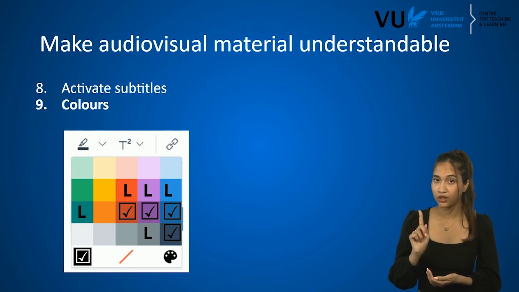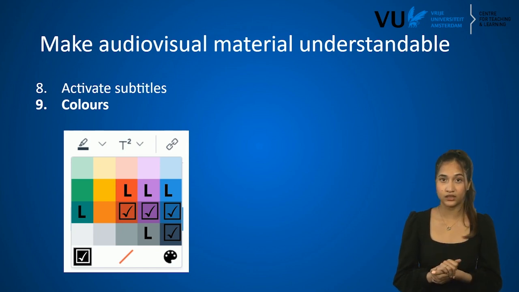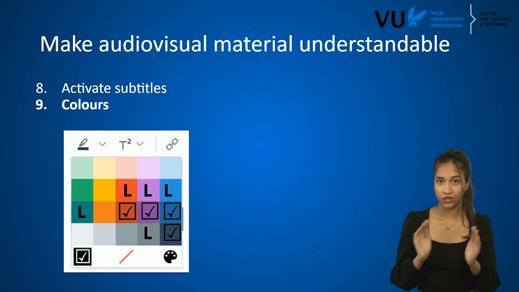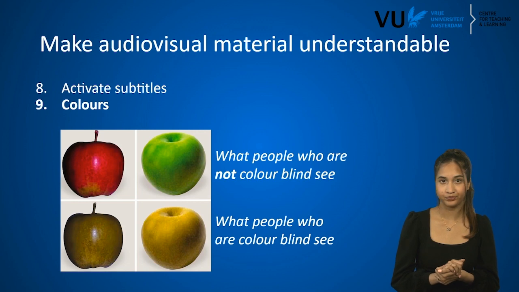The checkmark icon indicates colorblind-friendly colors, and the L icon indicates that these colors are only accessible when using a larger font size, so larger than 24 pixels or at least header 2. The other colors are not colorblind friendly.